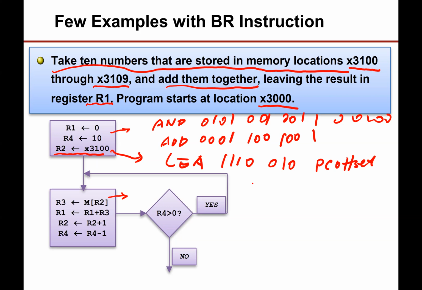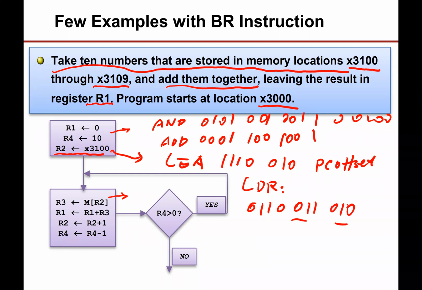Here it is register R3, so LDR. LDR here is 0110. The destination is R3, 011, and then R2 is the base register, 0, 1, 0.